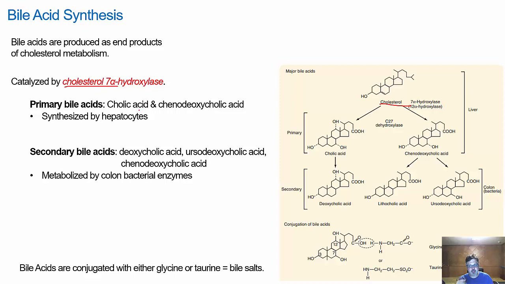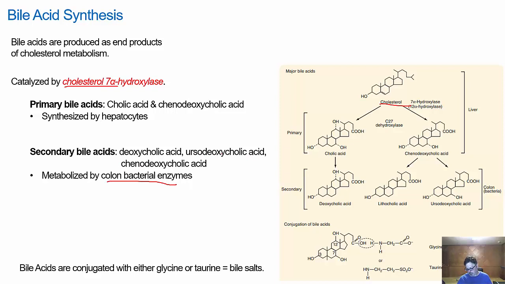Of course, after they go through their first pass and they go into the intestines, these primary bile acids can then be metabolized by the bacterial enzymes in the colon into secondary bile acids. This would include things like deoxycholic acid, ursodeoxycholic acid, and ketodeoxycholic acid.